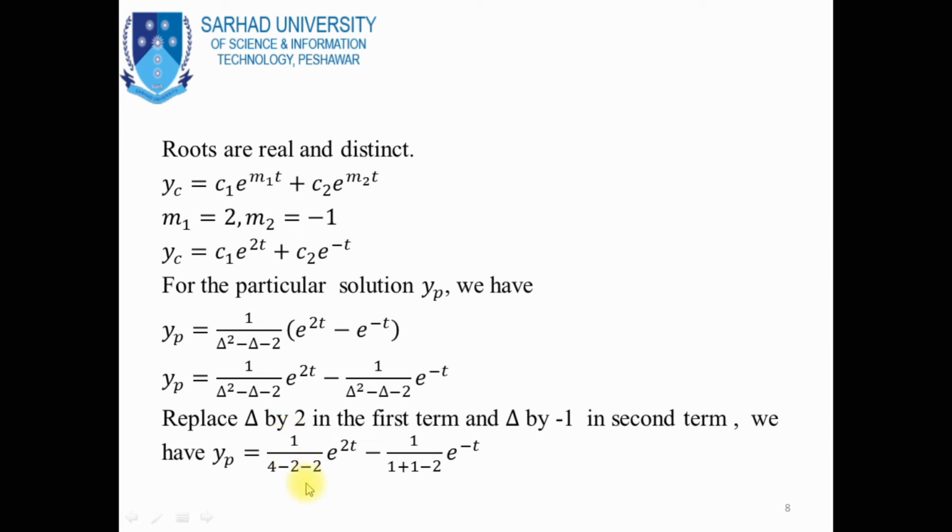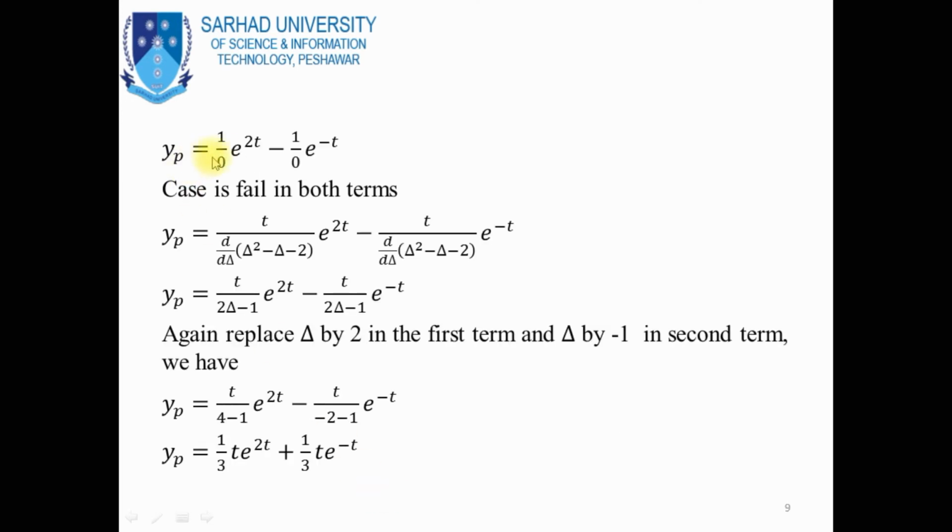Now this is the fail case, 1 over 0, and this is also equal to 1 over 0. So for the fail case, we take the derivative of delta square minus delta minus 2, and take the derivative of delta square minus delta minus 2 in this term also, and write t divided by the derivative of this, and in the second term t divided by the derivative of this.